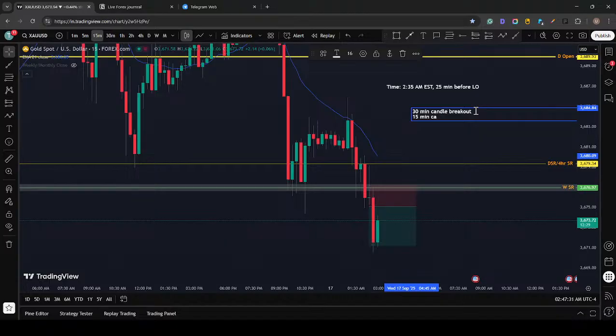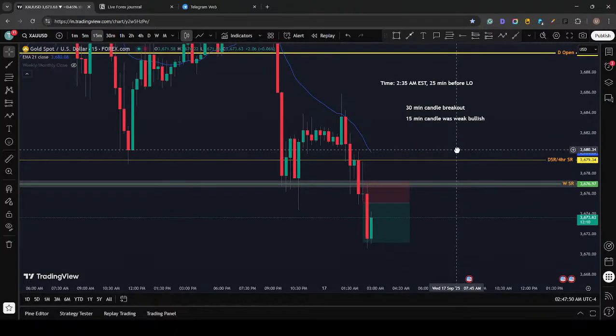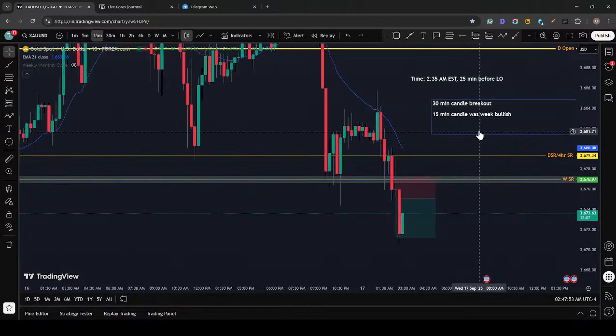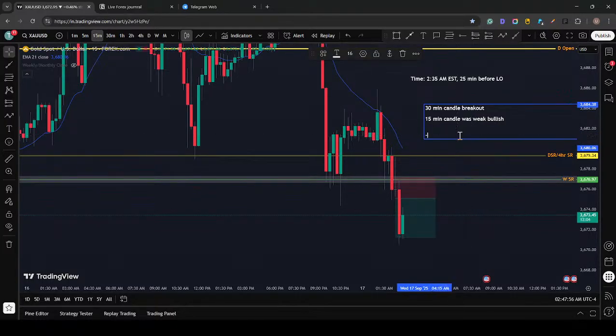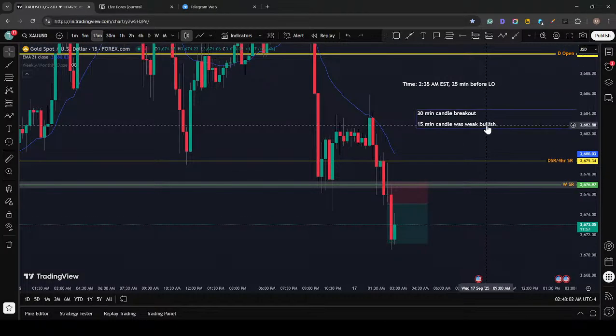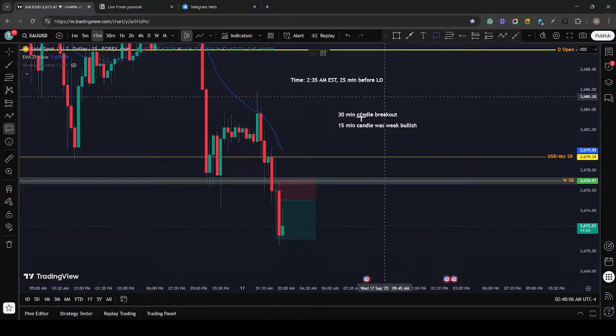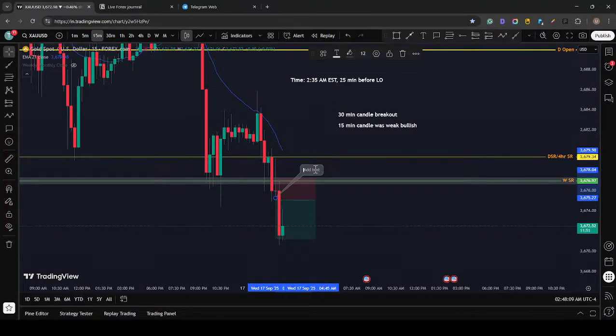15-minute candle was weak bullish. Entry at break of lows.